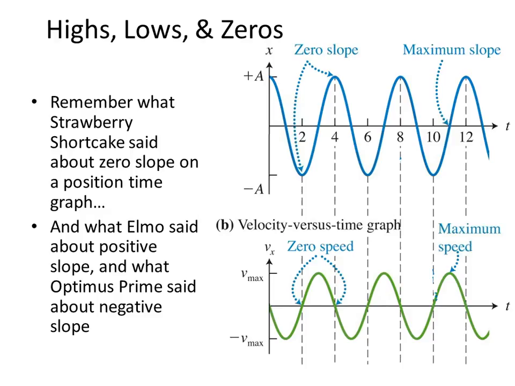Remember, strawberry shortcake says 0 slope means 0 velocity, right? I see a couple smiles. Good times, right? And then we also had Elmo and Optimus Prime reminding us of these things as well. And then it also goes, if we wanted to go from velocity to acceleration, we'd do the exact same thing. Yes? Good stuff.